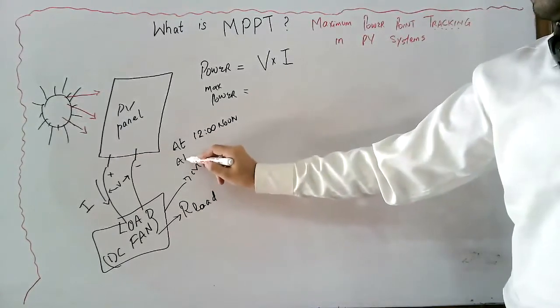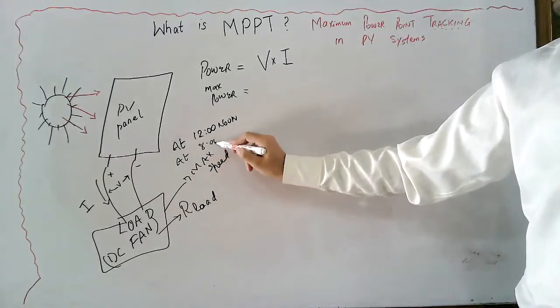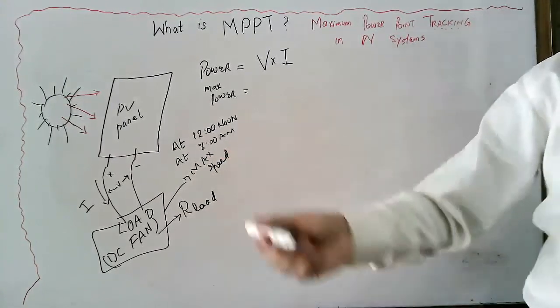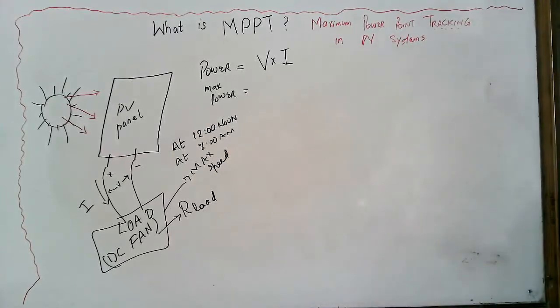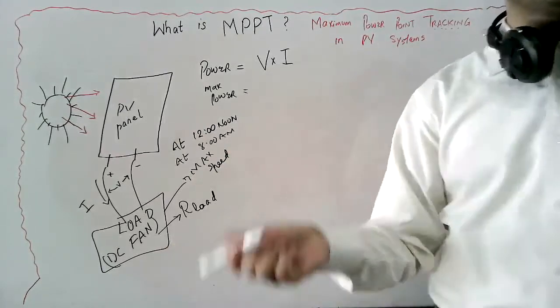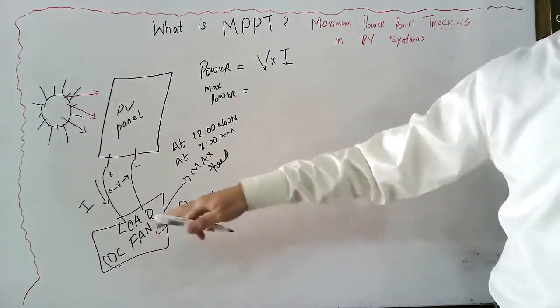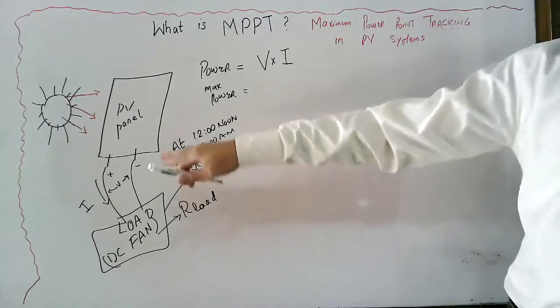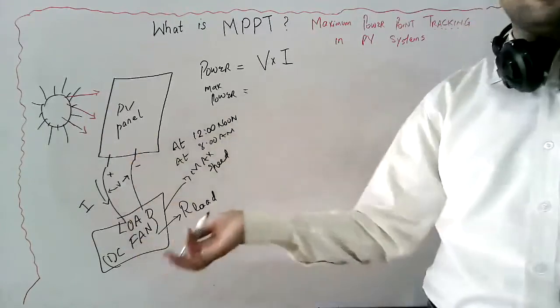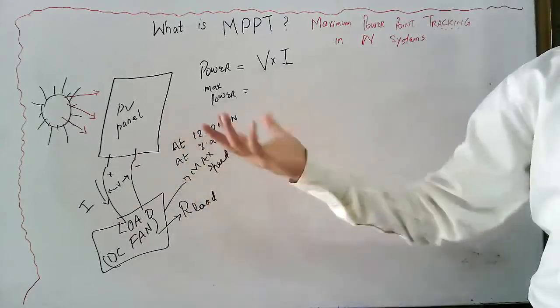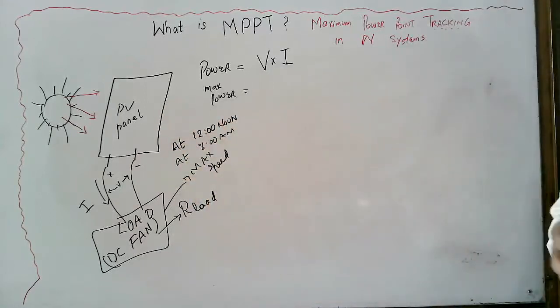At 8 a.m. in the morning, the speed of the fan will be lower compared to noon. I'm saying that this load is not under control. Whatever internal resistance the DC fan has, it will be there, and if you connect it directly, it will power up this load. Now, this mechanism is not fit for maximum power point tracking.